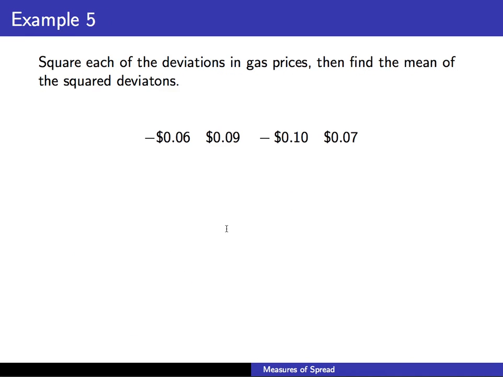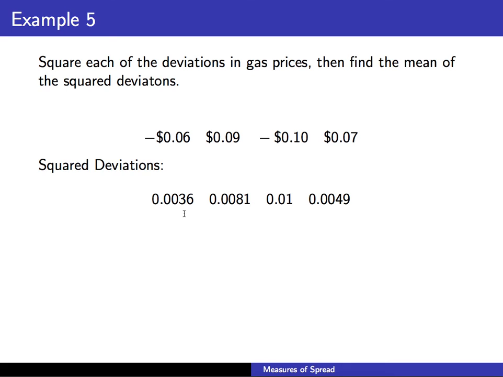So example 5, we're going to take each of these values and square them, and then find the mean of those squared deviations. When we square them, negative 0.06 squared is 0.0036, 0.09 squared is 0.0081, and then we could do the same with negative 0.10 and positive 0.07. We get 0.01 and 0.0049.